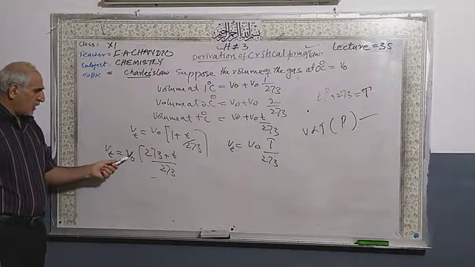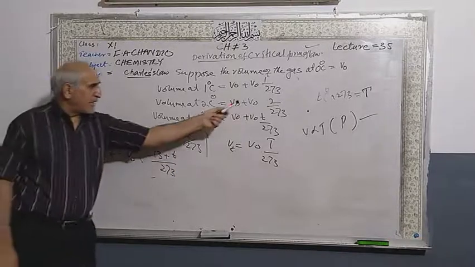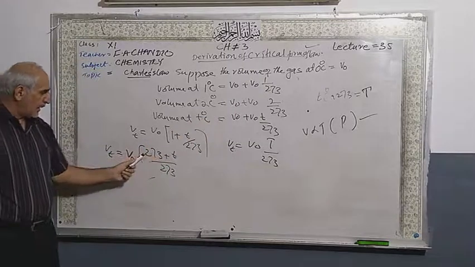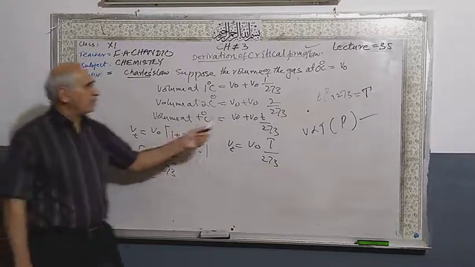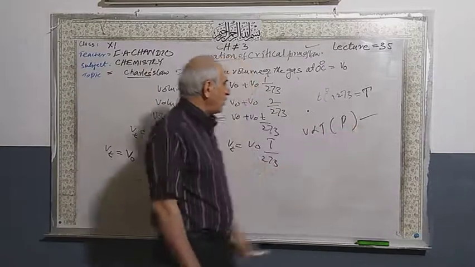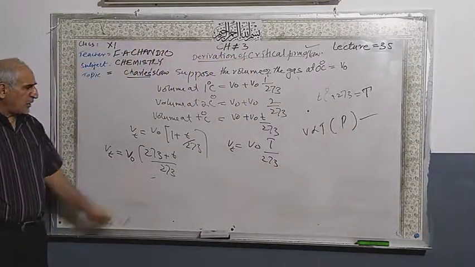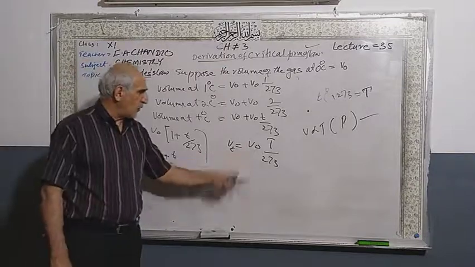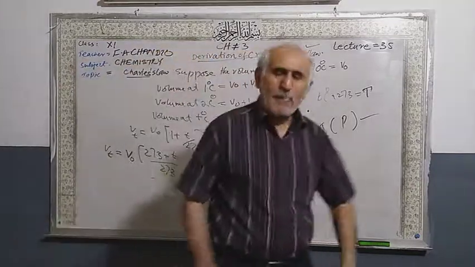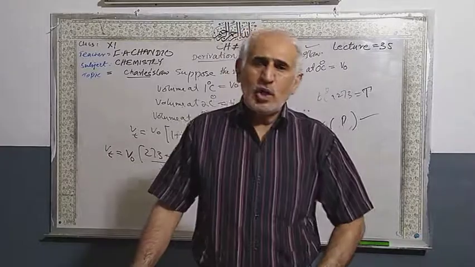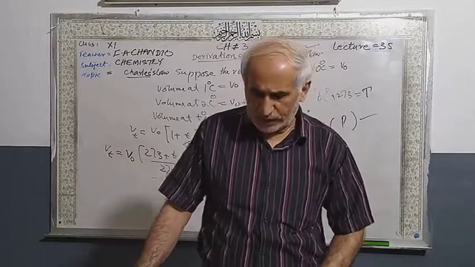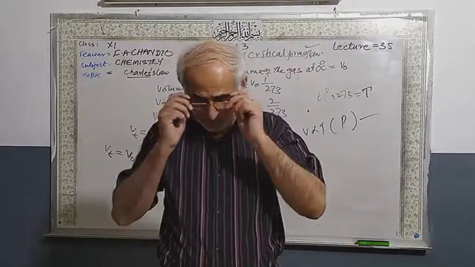Taking out 273, the temperature becomes absolute temperature, or Kelvin temperature, divided by 273. So this will be equal to V naught T over 273. That's why volume is directly proportional to the temperature.